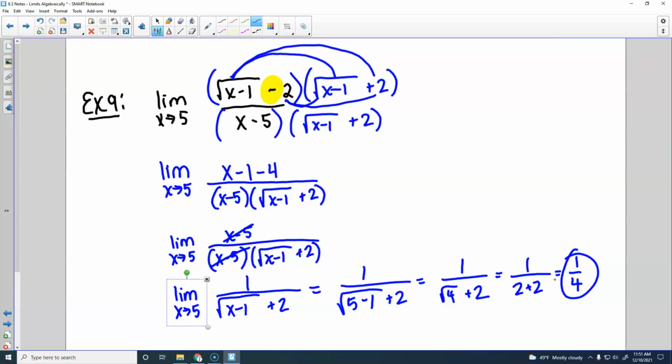I didn't do that here, but if I had I would have gotten 0 over 0. So you always want to check direct substitution. And then there will be certain things about problems that might cue you to what you need to use. So when you see that square root, you probably need to rationalize most of the time anyway. Okay, questions?